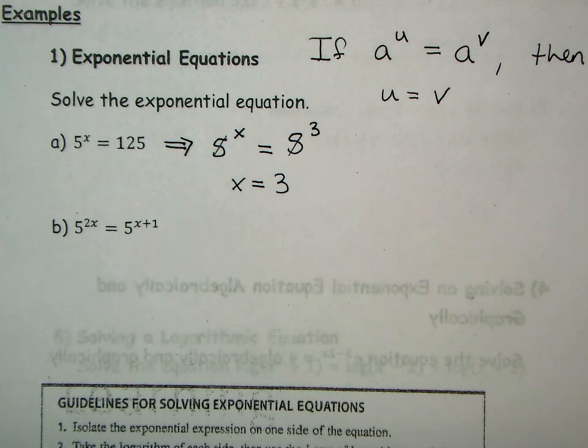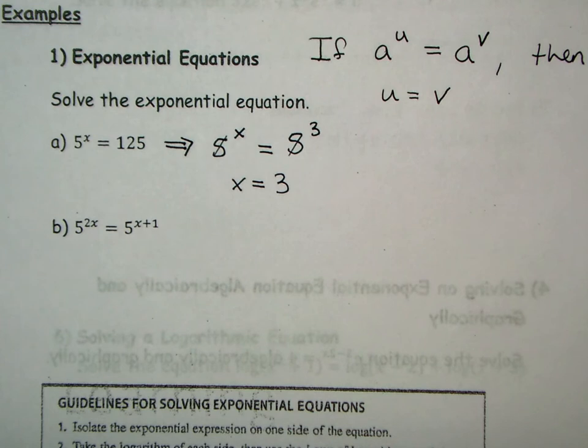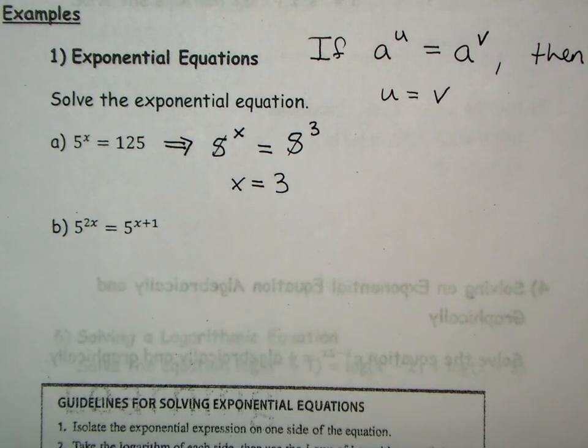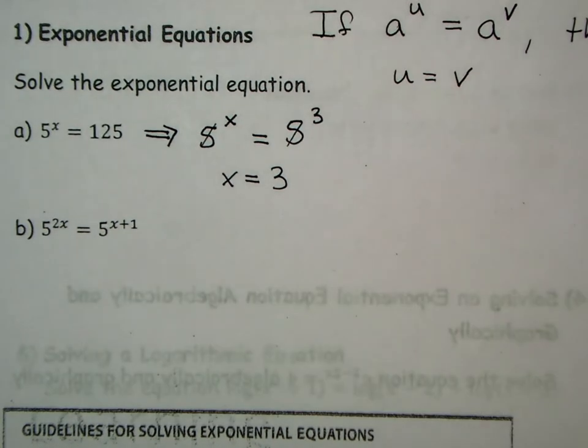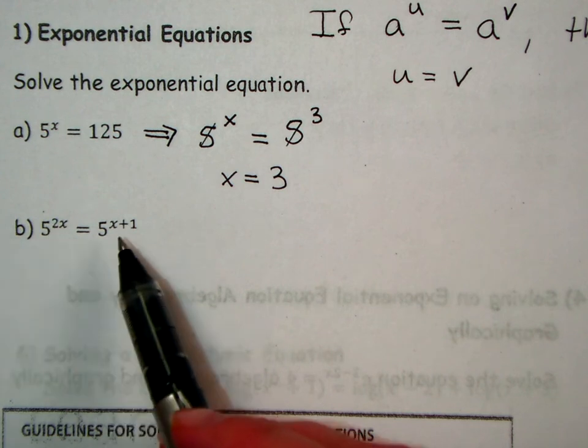So if you can match those bases, do so, and the resulting equation will be the exponents equaling each other. Look at the next example, 5 to the 2x equals 5 to the x plus 1. The bases already match, so for this equation to hold, the exponents have to be equal.